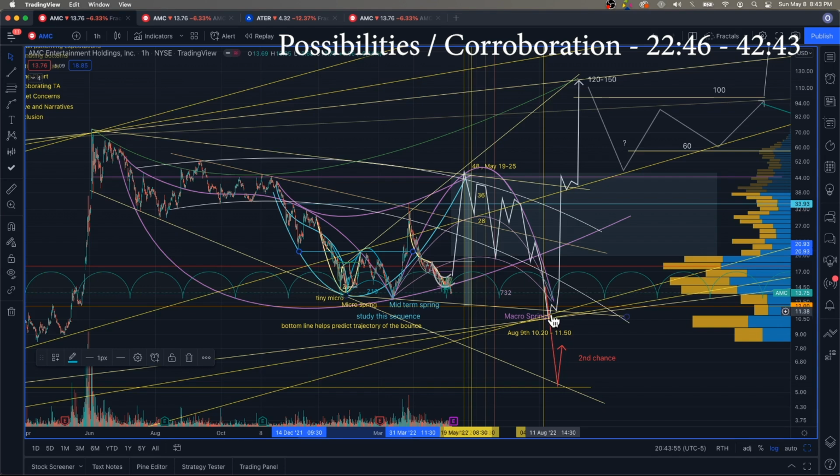What's fascinating is that you measure here, and you do like a 1, 2. So you come up to the previous top here, roughly around 40 to 45. This makes sense because this is a previous hard area we've not broken out of. And if we rejected from it and came down, then we exit the same way; we have to come back through it. And then you go about double the amount and you're right here.